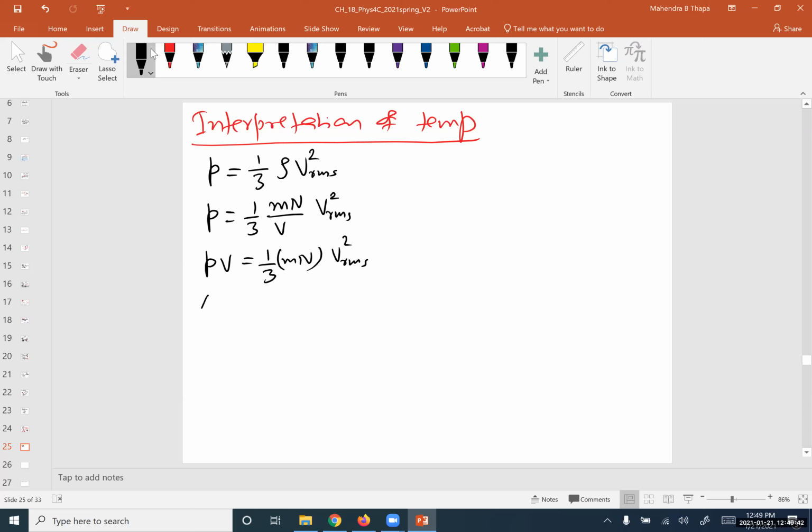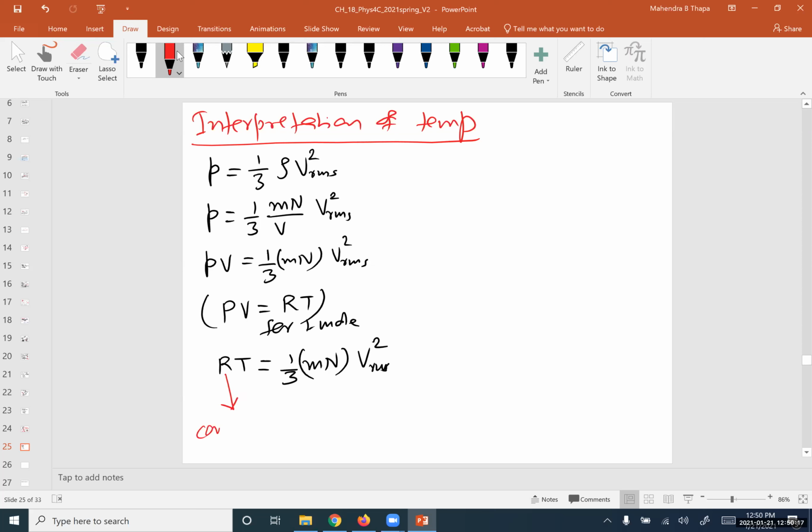So PV, you know that PV equals nRT, or if you take 1 mole, PV equals RT for 1 mole. So you can write RT equals 1 over 3 m n v RMS squared. In this case, R is constant for all gas, and this number is also constant.